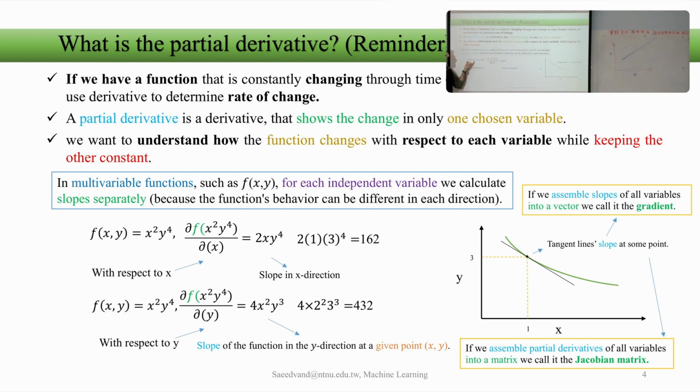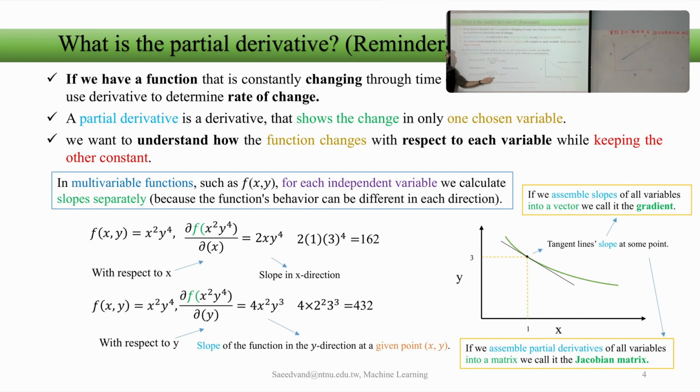So it means that this is a model like that. If we calculate this now, what will we have? We will have the slope. The slope of where? The slope of that input x in the x direction. We can do the same thing, calculating the partial derivative with respect to y.